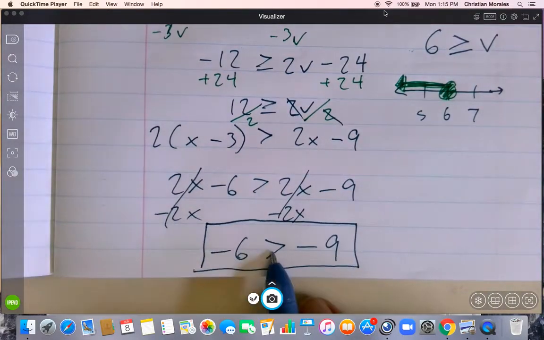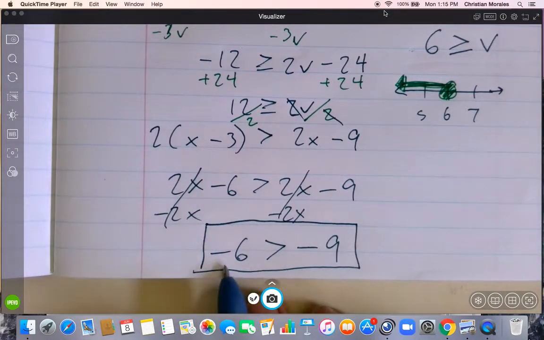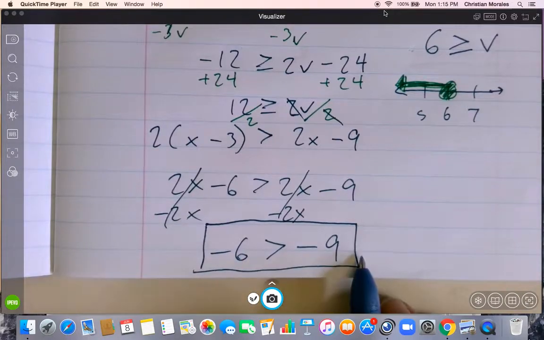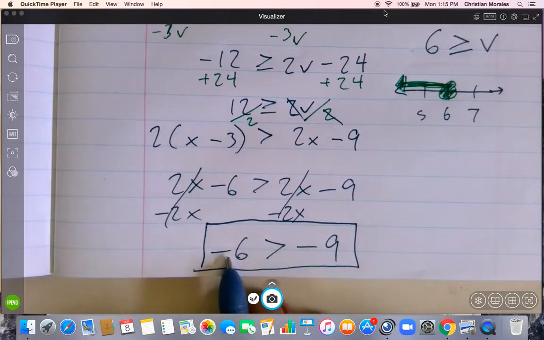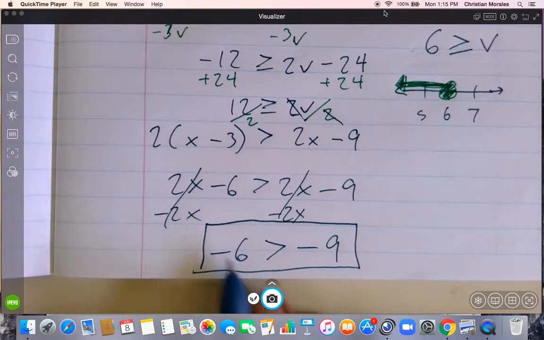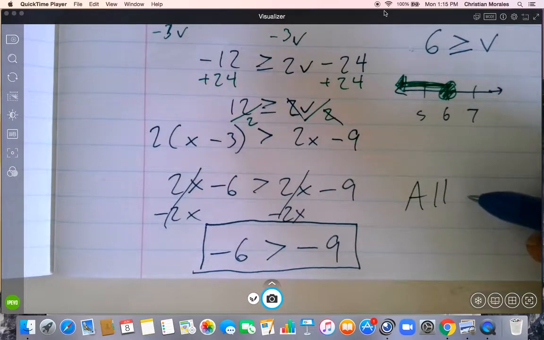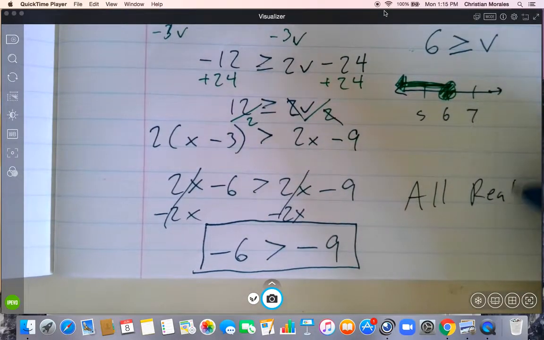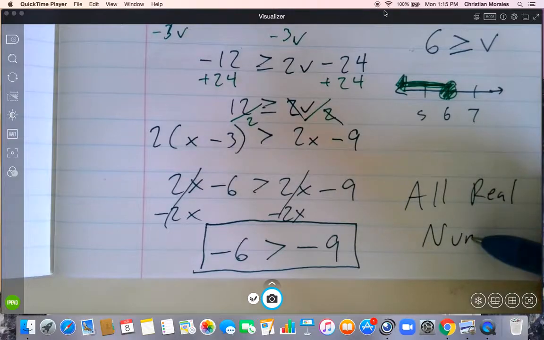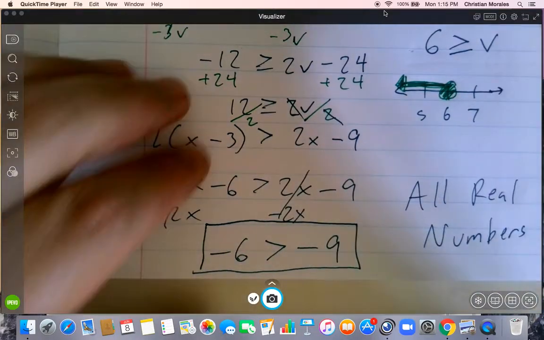Negative 6 is greater than negative 9? Is negative 6 greater than negative 9? True or false? This is true. So this is all real numbers. If it was flipped, you would put no solution.